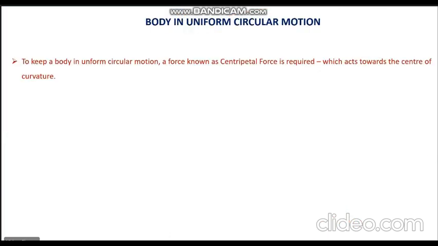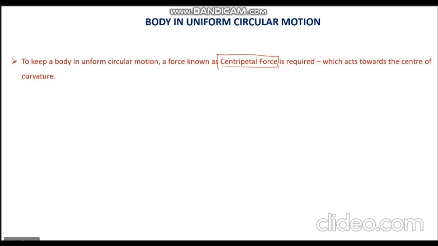Motion. There is a force which is required to keep it in circular motion, uniform circular motion. If you remember something from 8th, 9th standard discussion, some of you may be able to recall, there is a force called centripetal force, which is required to keep it in the circular motion.